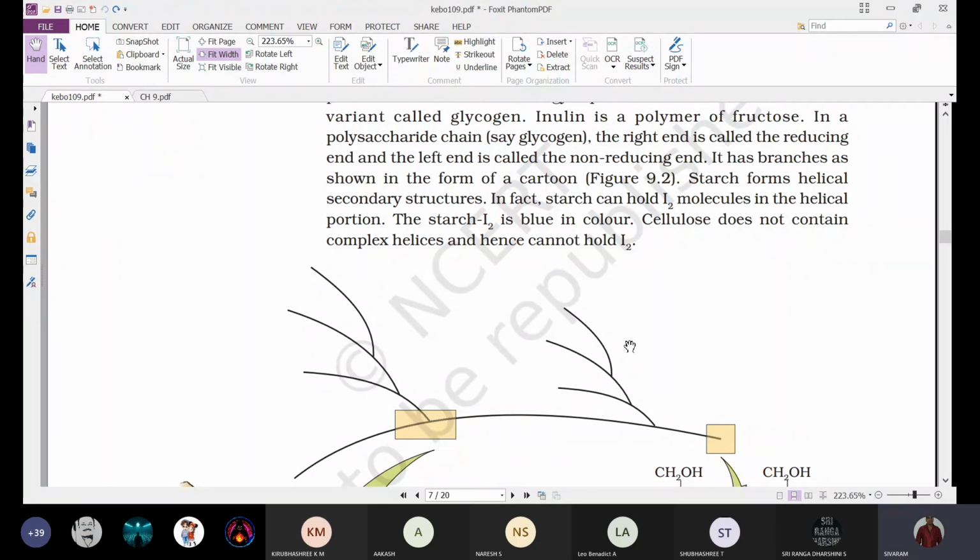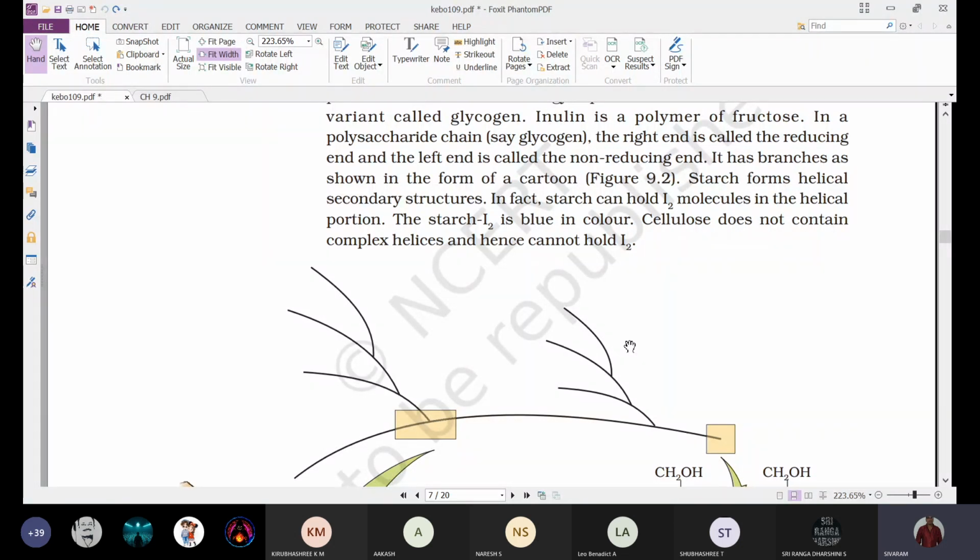As the starch is a large molecule, it folds within itself and forms helices, as it is a large complex structure.